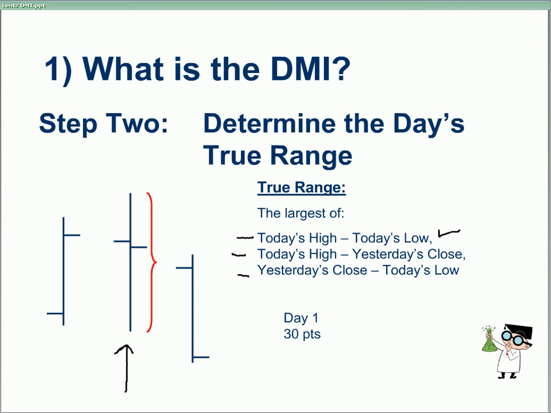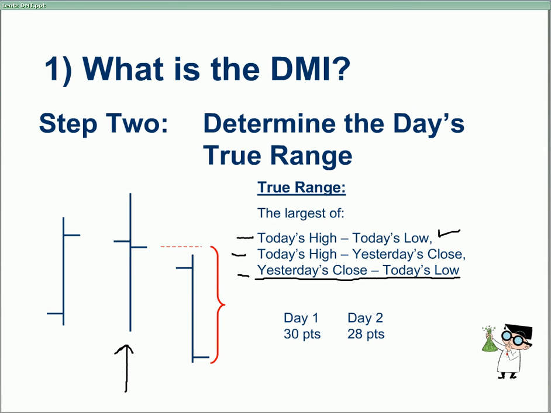That was 30 points, would have been that day's average true range. The next day comes and goes right there. And the largest of those three, in this case, would have been the third one, yesterday's close minus today's low. That would have been that day's average true range.